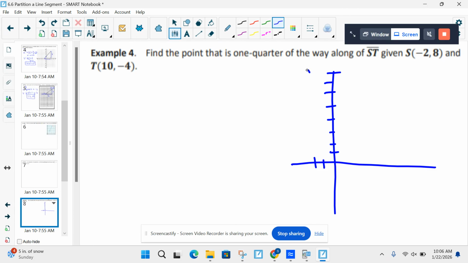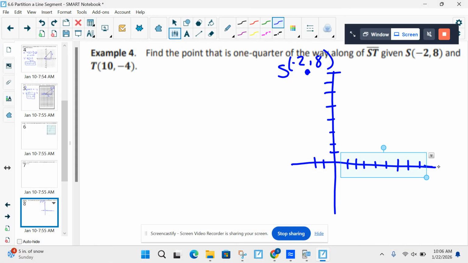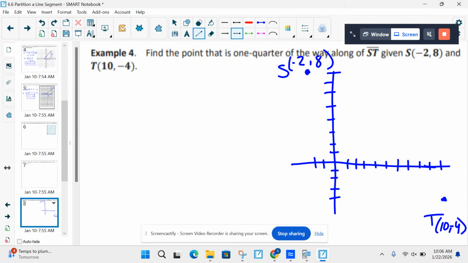So S is -2, 8. And then T is 10, -4. So there's T. It doesn't have to be exact or to scale, but you just need to know the distance between everything. All right.